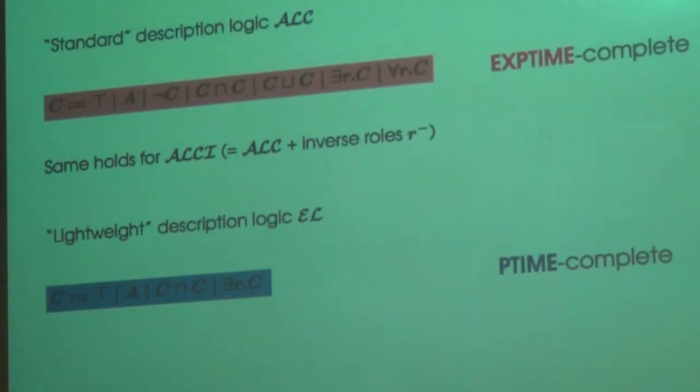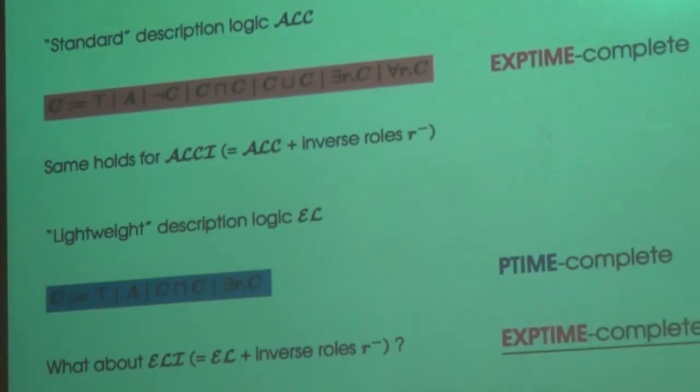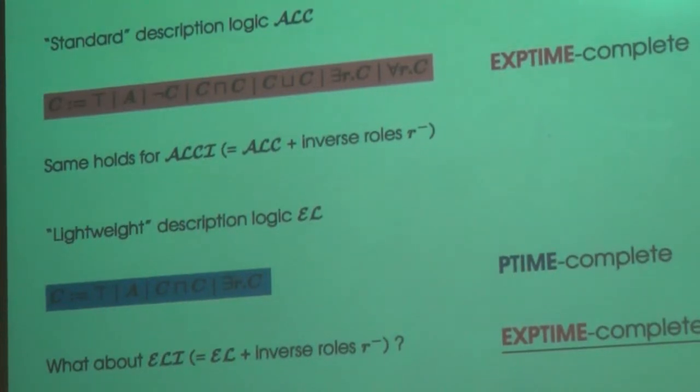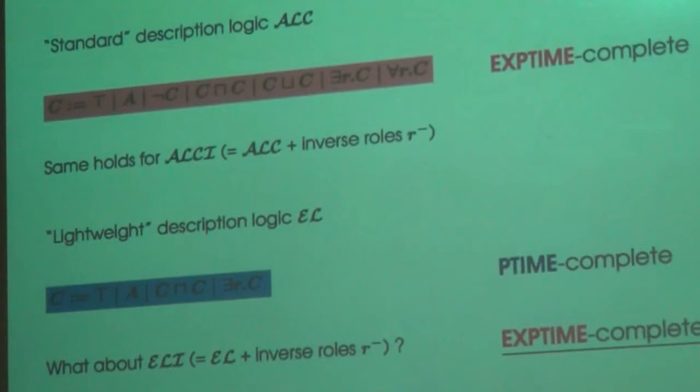Now, it was natural to add inverse roles here. What happens if I add inverse roles to this very weak logic? Boom, we're at EXPTIME-complete. That's really surprising, right? It doesn't look particularly dangerous. I don't have negation, I don't have disjunction, and nonetheless I move up to EXPTIME-complete, which shows that this work of mapping the landscape is non-trivial.